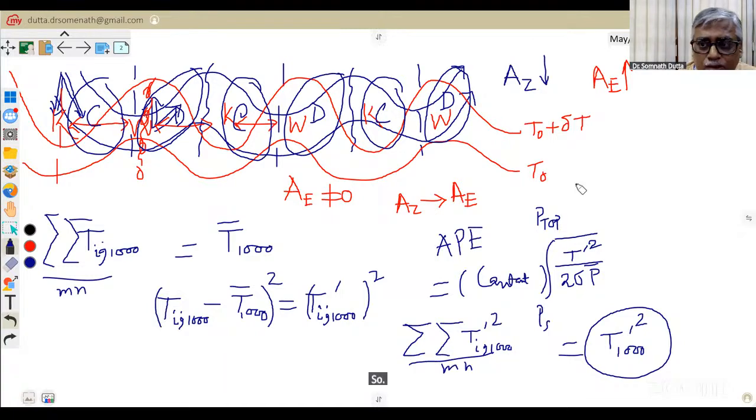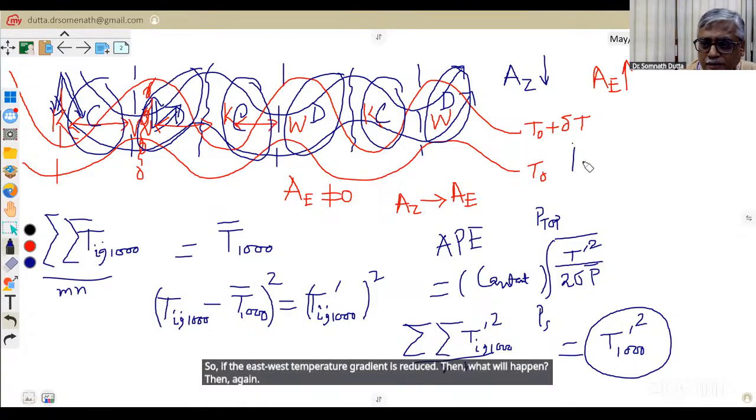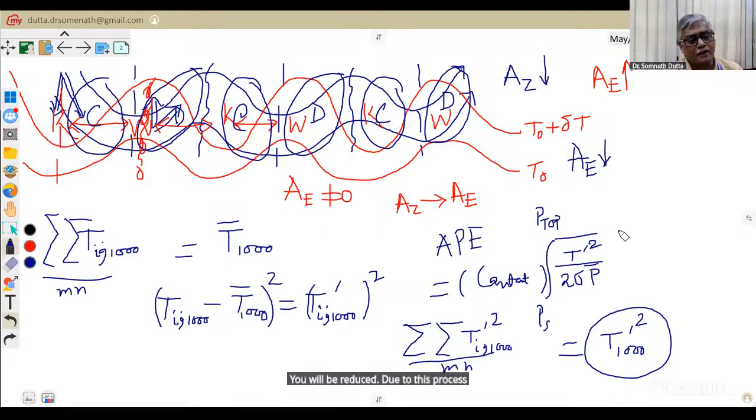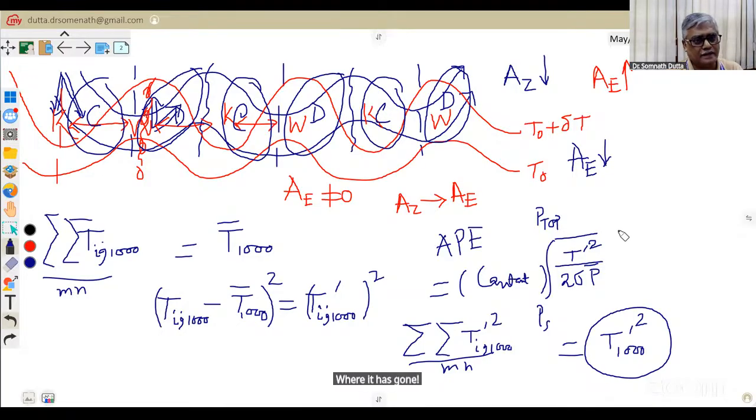So if the east-west temperature gradient is reduced, then what will happen? This AE will come down. AE will be reduced due to this process. So now the question is, if AE is reduced, where has it gone? Now look here. Suppose over this region divergence takes place.